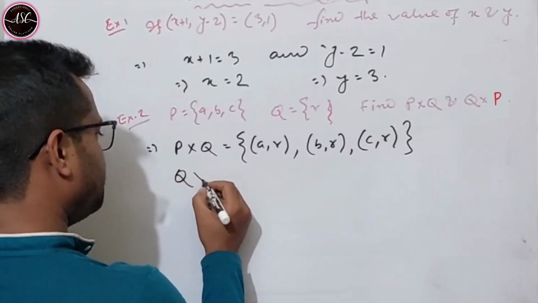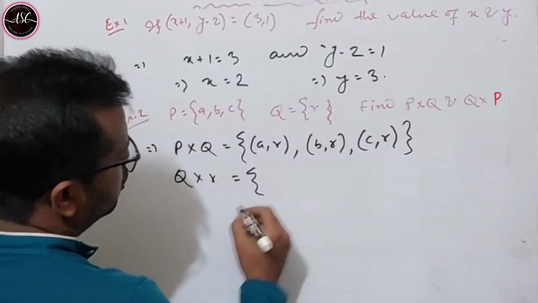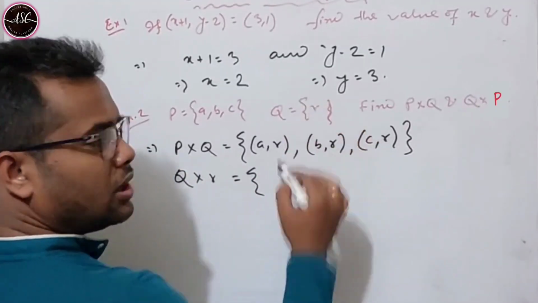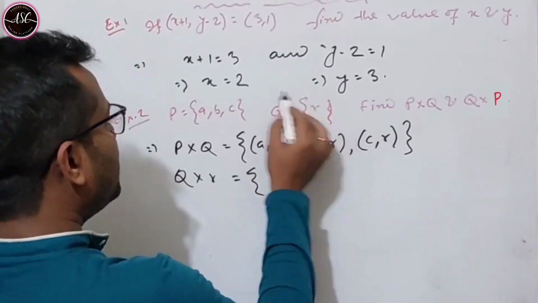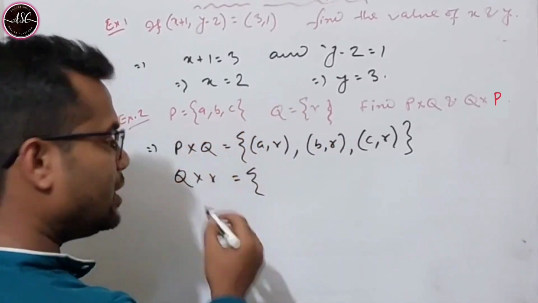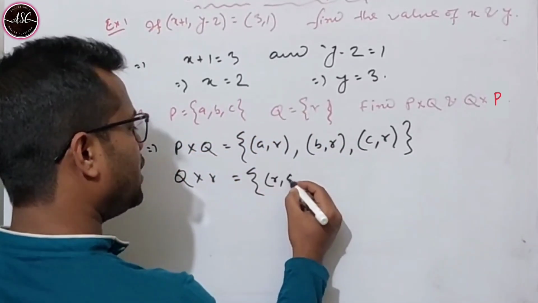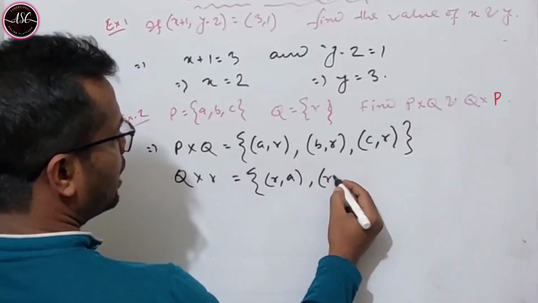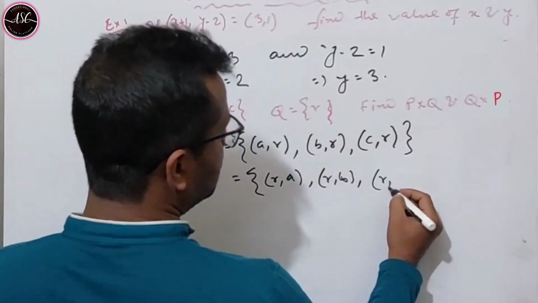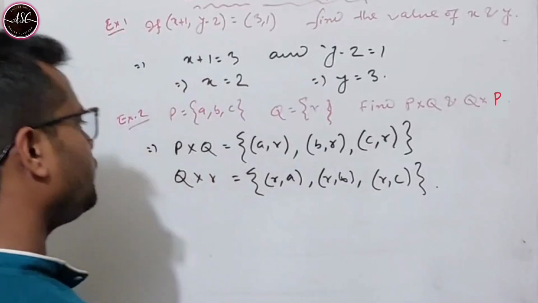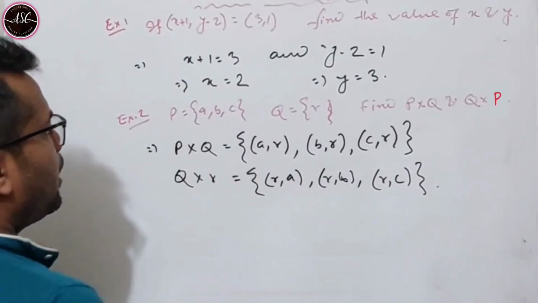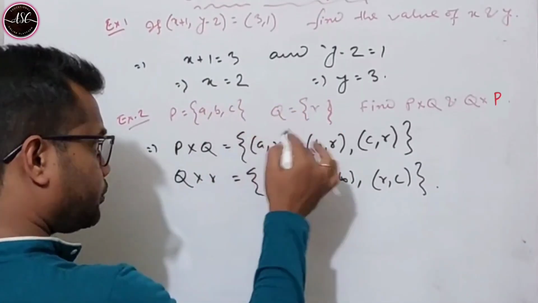Now Q cross P. Here this is the only element, so we write it with the first element of the first set. This will be (r, a). Then (r, b), then (r, c). Okay. So now look here.